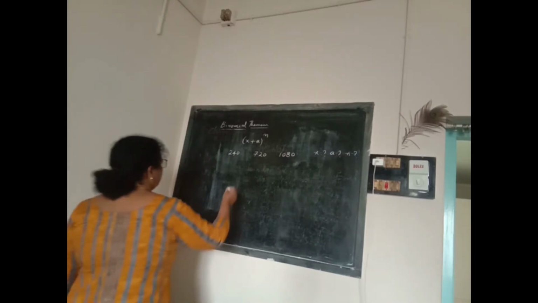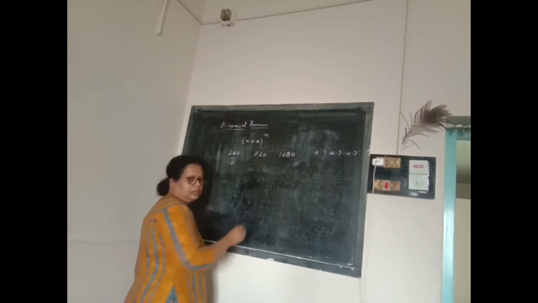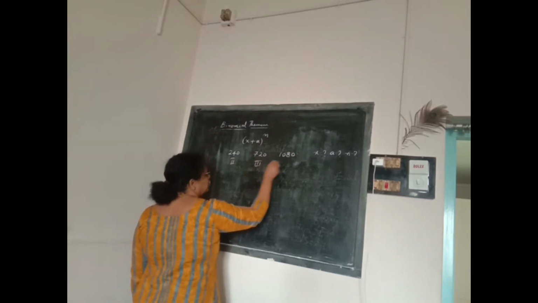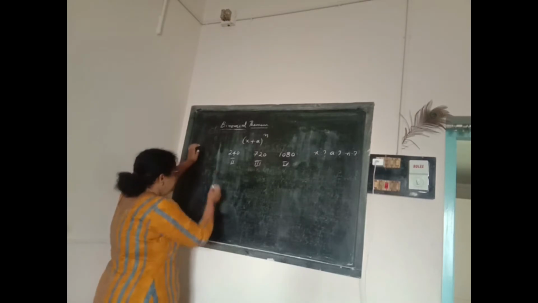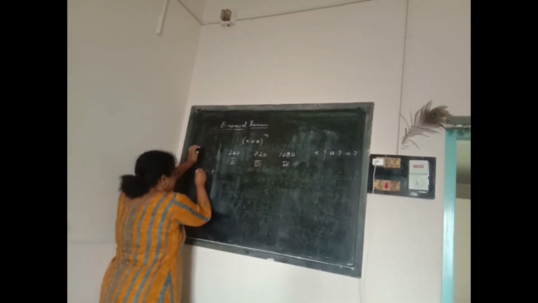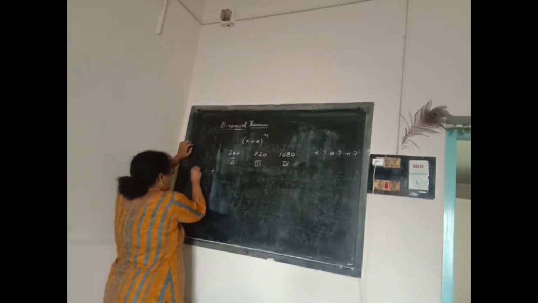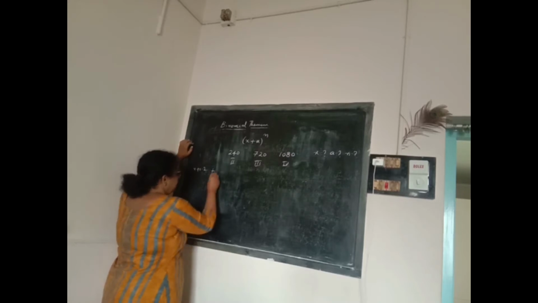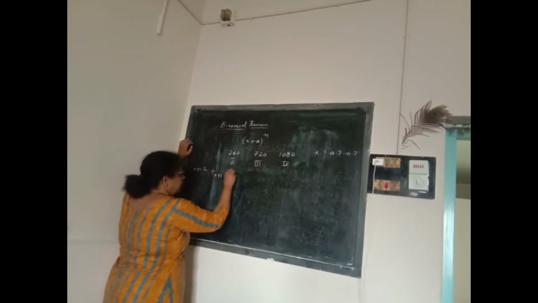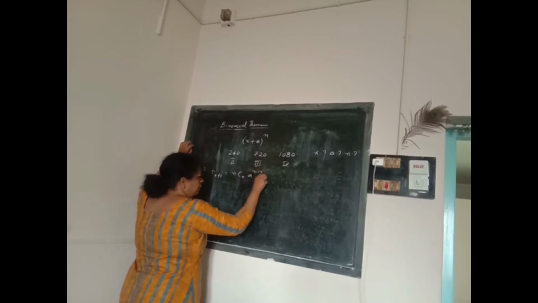So this is the second term, then the third and fourth terms. The second term is the (r plus 1)th term. r plus 1 is 2. Just write the formula first: nCr a raised to n minus r, b raised to r.